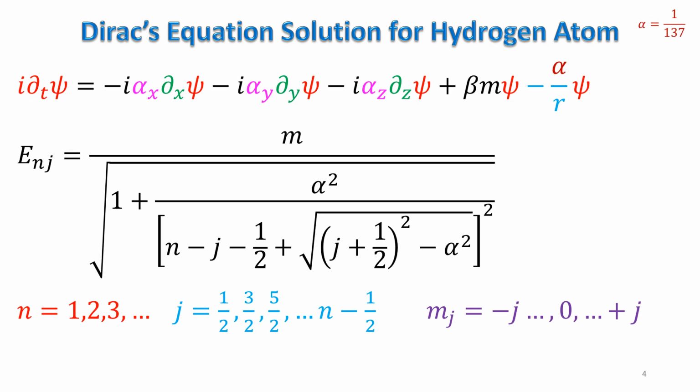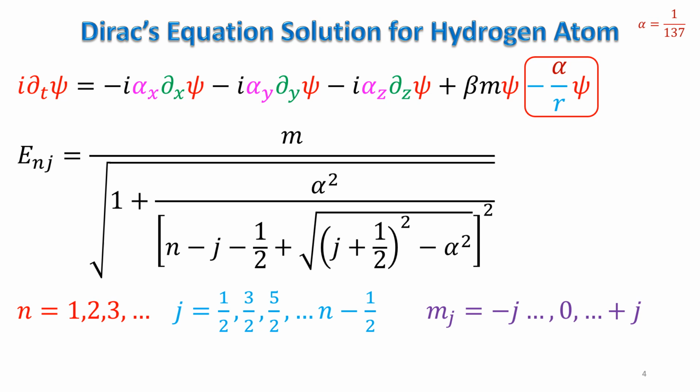Naturally, physicists were motivated to look at Dirac's equation's predictions for hydrogen. In addition, the potential energy term that describes the electron moving in the presence of the proton.